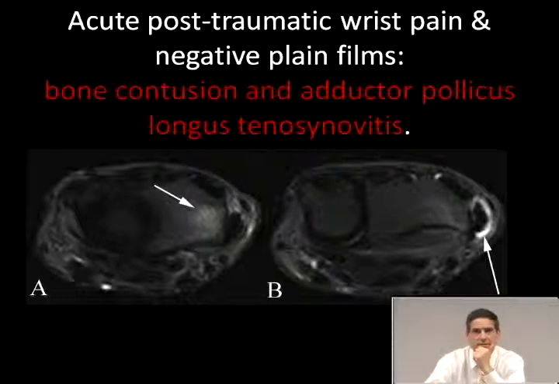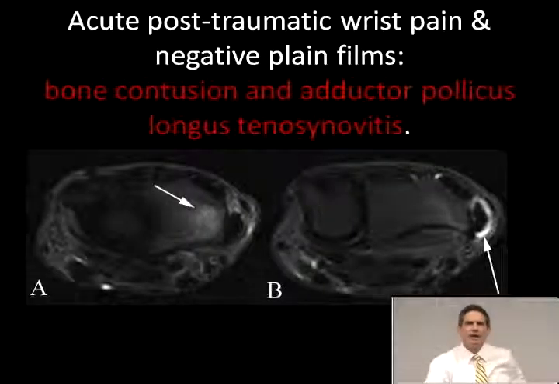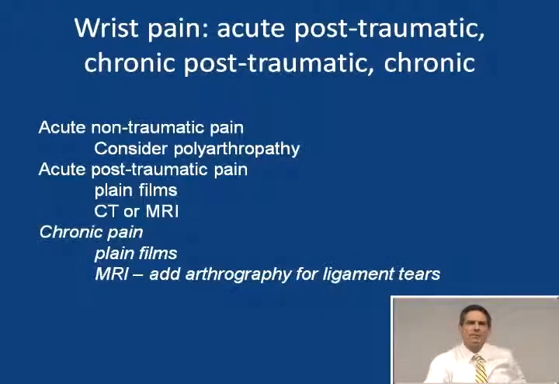If there's a full thickness tendon tear, may be a consideration. And there is another one I'll be coming up with in a minute. So wrist pain, that's the acute issues. And again, just like the other places, you do the plain films first, then you do the cross-sectional imaging.